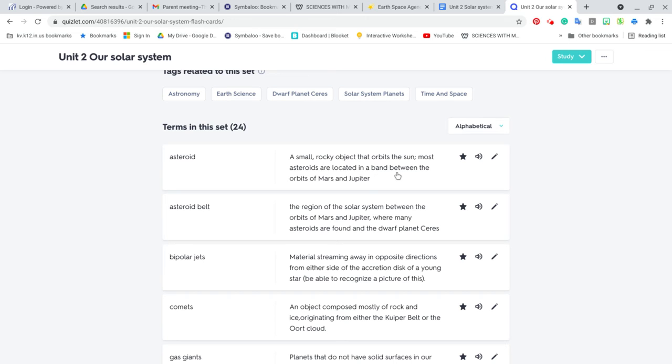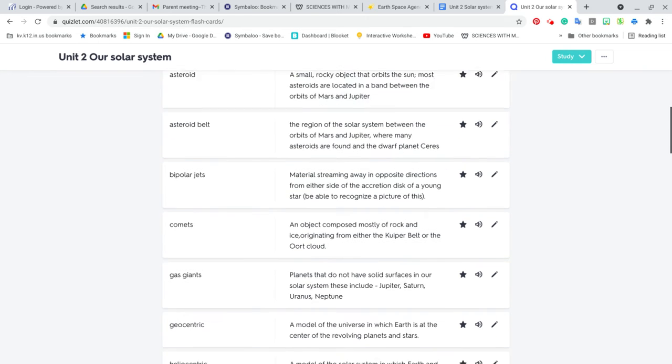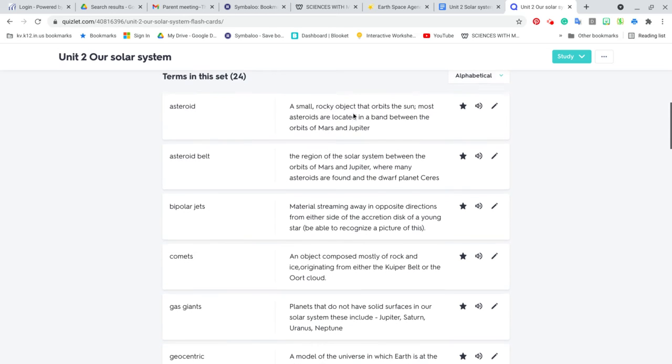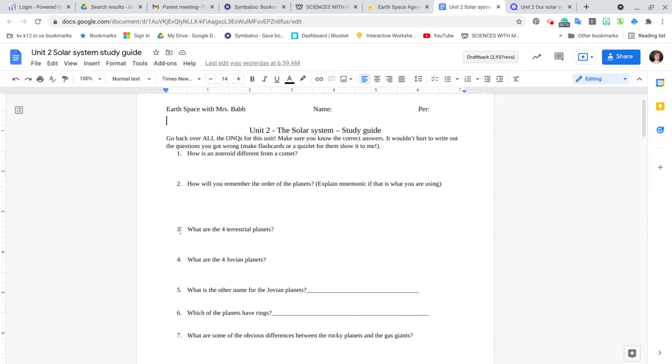An asteroid is a small rocky object that orbits the sun. A comet is an object composed mostly of rock and ice. There's my difference. Asteroids are usually in the asteroid belt. Comets actually go in a very elliptical orbit around the sun. Okay.